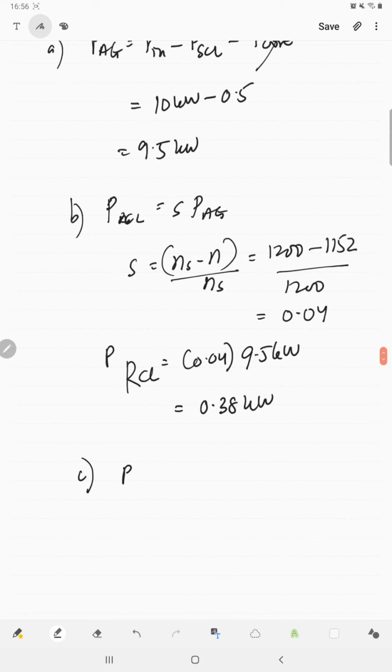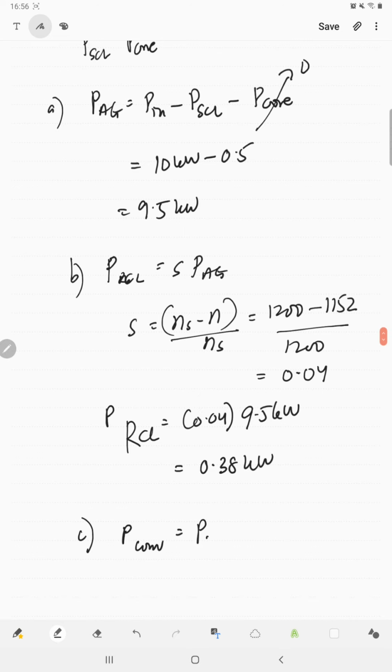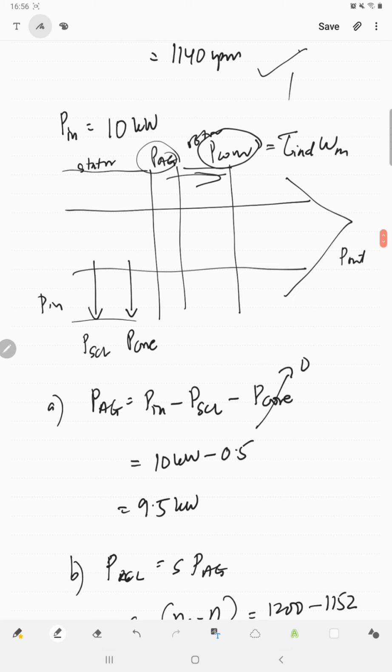So P converted, if we look at the power flow, is actually P air gap minus P rotor copper losses. Because in this power flow diagram, after the air gap, we will have rotor copper losses before we have the mechanical and stray losses.